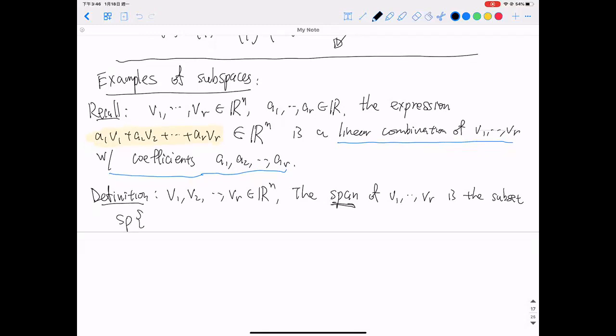First of all, it's denoted by Sp(v1 through vr).